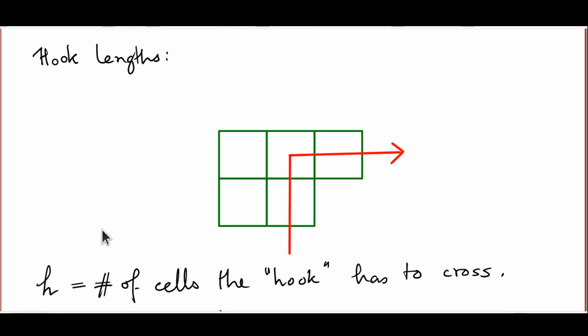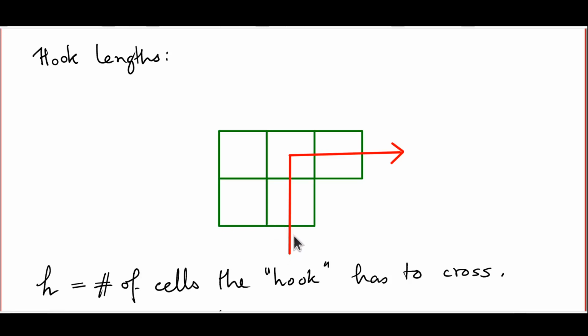To describe the concept of a hook length, let me take a concrete example. The example of a Young diagram corresponding to the partition 3, 2 of 5. So 3 boxes or cells in the top row and 2 boxes in the bottom row. Now, the hook length is a number which you associate with each and every one of these boxes or cells.